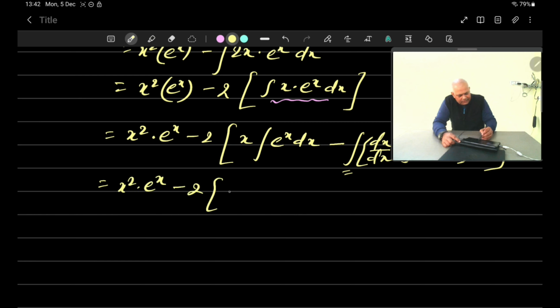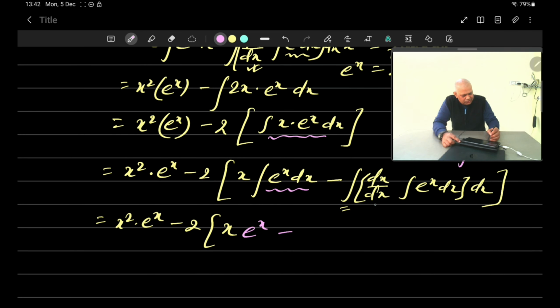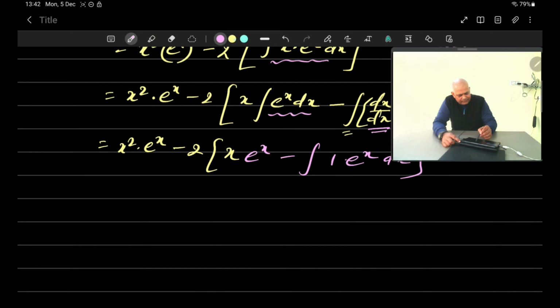So my dear friends, you can write x squared times e to the power x minus 2 times x, where the integration of e to the power x is nothing but e to the power x, minus, the differential coefficient of x is 1, so 1 times the integration of e to the power x times dx. Square brackets close.